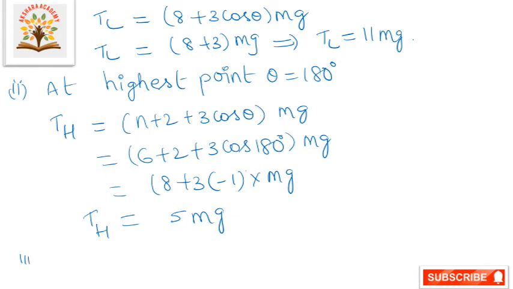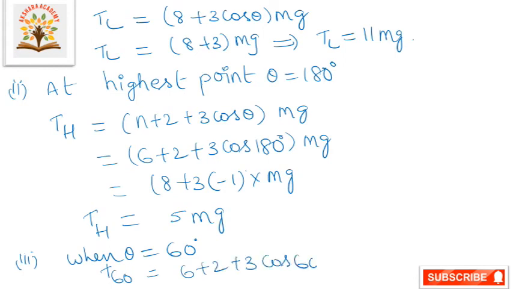Next, the third one, when theta is equal to 60 degrees. So T_60 is equal to (6 plus 2 plus 3 cos 60) into mg.